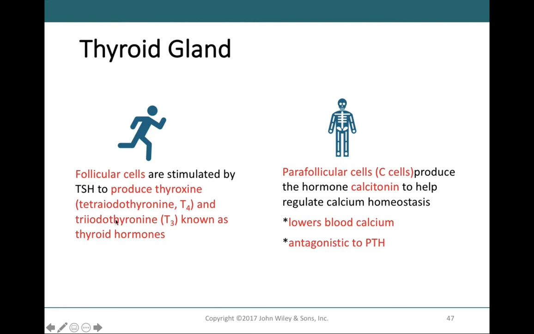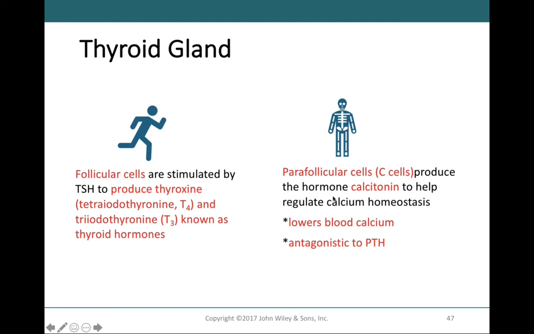I like this name better because it tells you how many iodine groups are found on it. So those two, T3 and T4, are known as our thyroid hormones. And again, in response to thyroid-stimulating hormone from the anterior pituitary, our follicular cells are going to release those thyroid hormones.